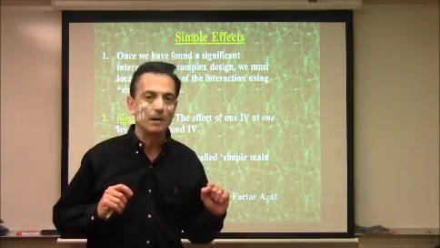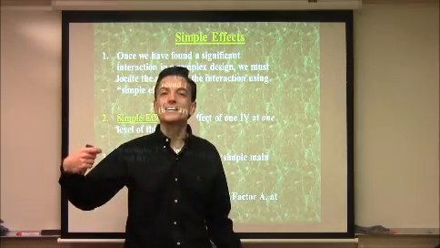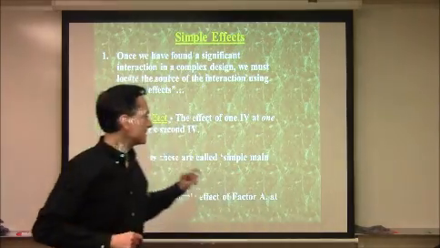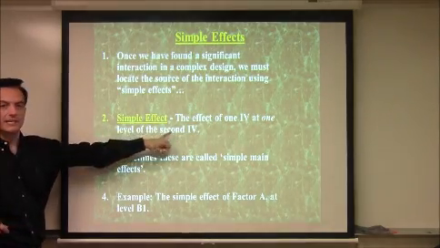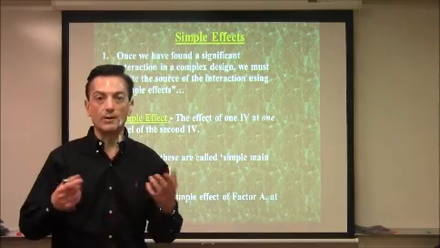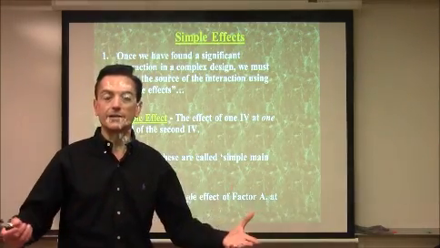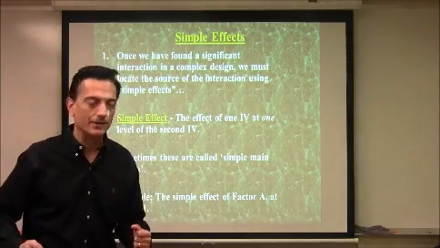But today we're talking about complex designs that have multiple independent variables, but still only one dependent variable. And again, the simple effect is the effect of one IV at one level of the second IV. So this is a way of simplifying the very complex nature of our analysis, reducing the dimensionality, almost throwing away or disregarding one variable at a time.